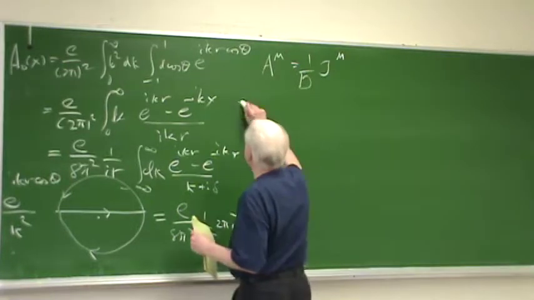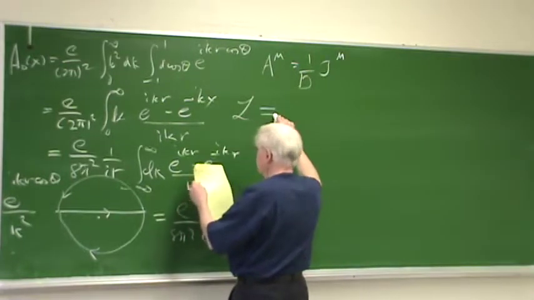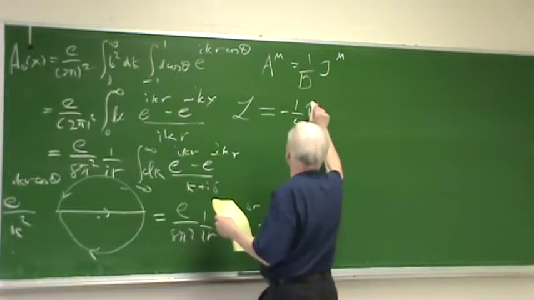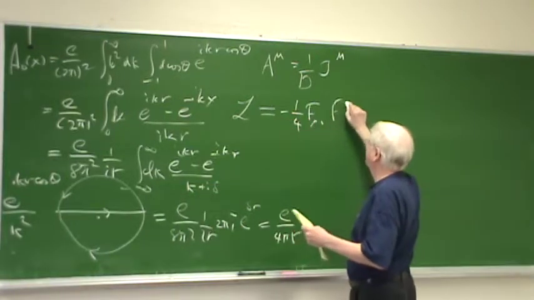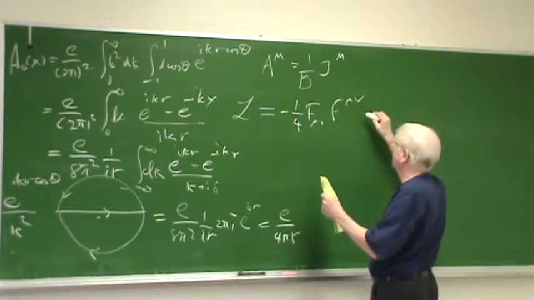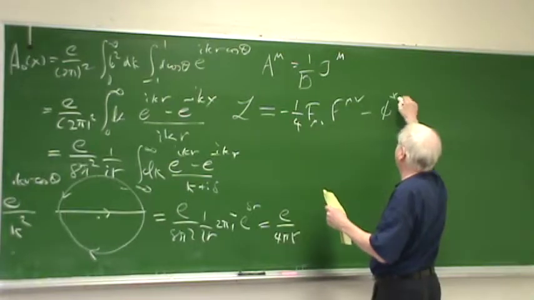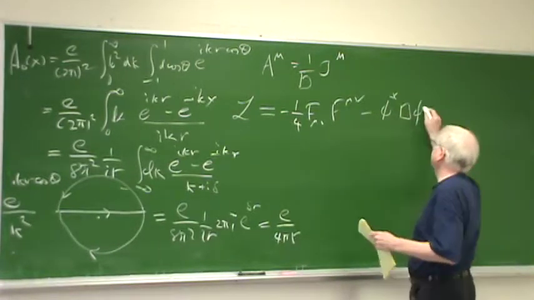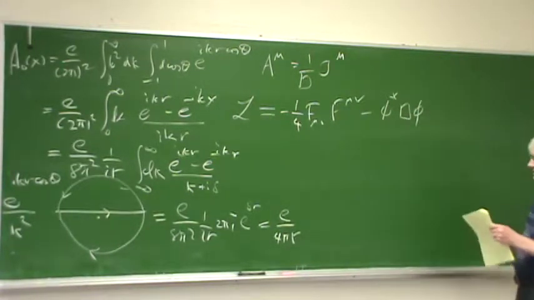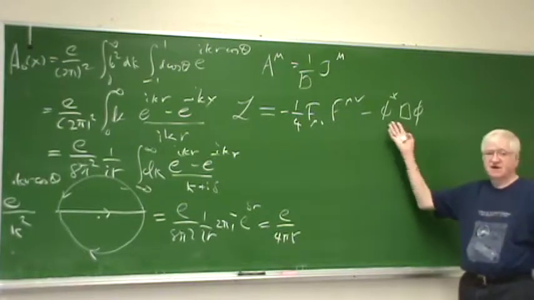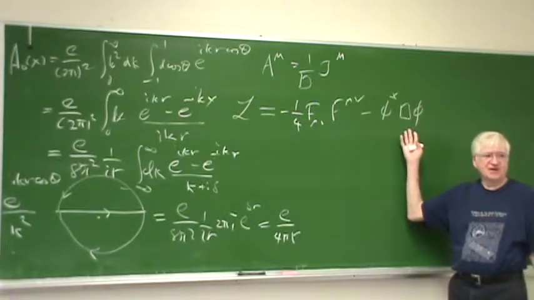Okay, so suppose we're looking at an action density that's minus a quarter F mu nu squared minus phi star box phi. I'm not terribly fond of that notation because he's done an integration by parts here.